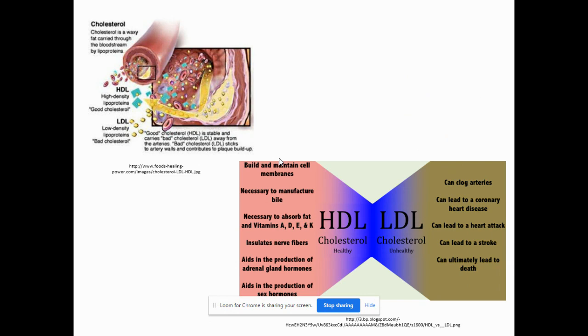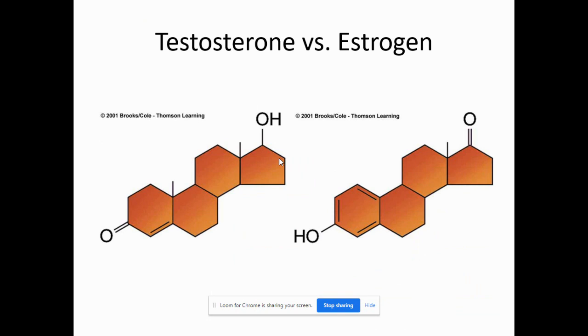Don't worry about LDL and HDL. That's just two different types of cholesterol. HDL is good, healthy. LDL is unhealthy cholesterol. And then you have, again, testosterone and estrogen. Two of the major sex hormones are examples of steroids.